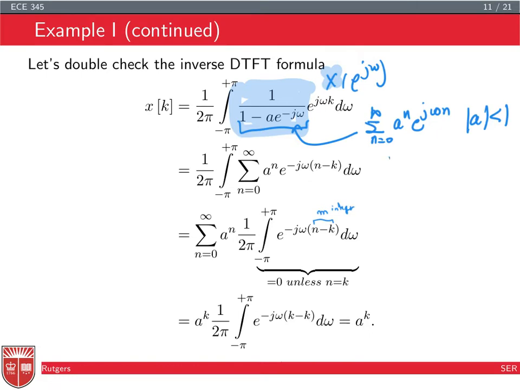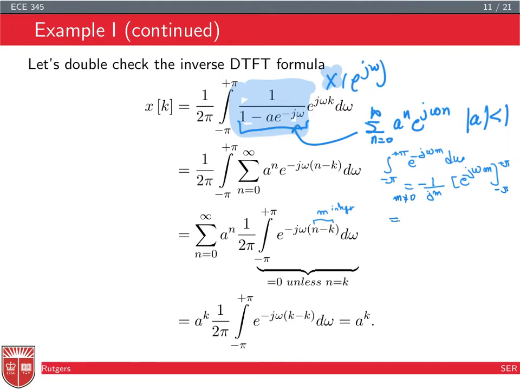So the question is, what is the integral from negative π to plus π of e^{−jωm} dω? This is an integral of an exponential, so this is going to be equal to −1 over jm times e^{−jωm} evaluated at negative π and plus π. Notice that because you're dividing by m here, this is only valid if m is different than 0. We'll get back to the case where m equals 0 later.